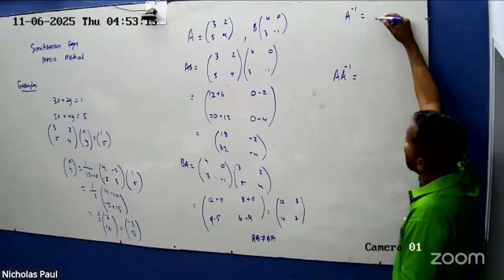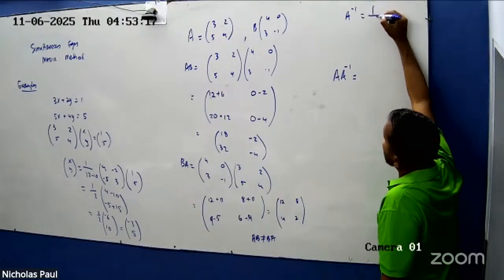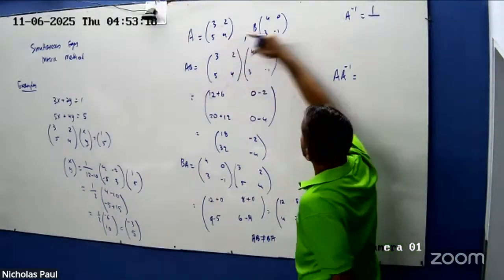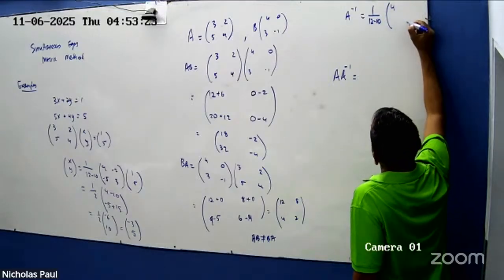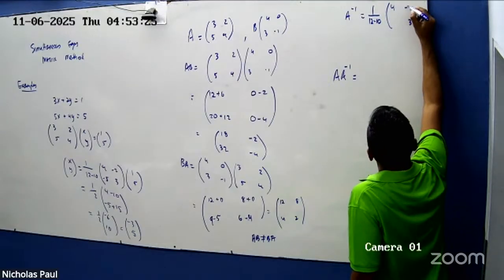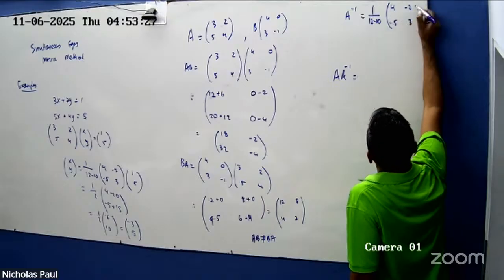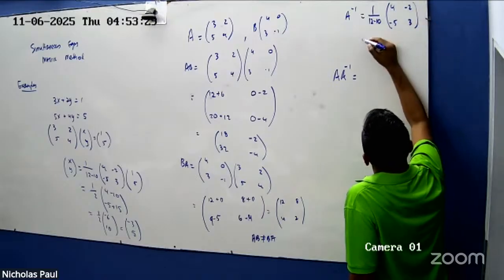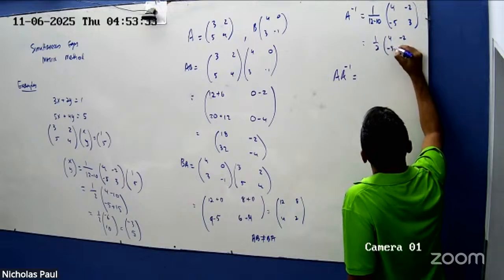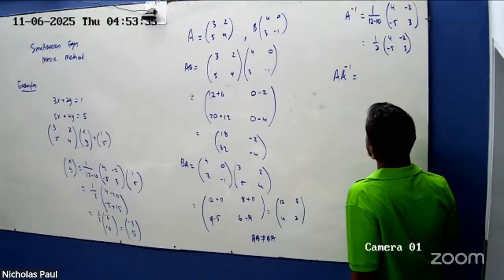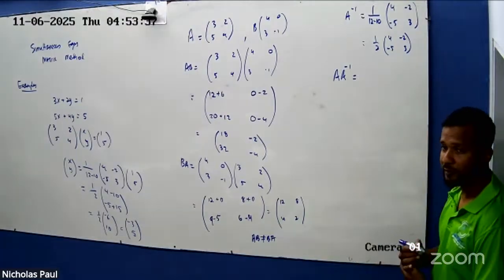And last part, A inverse. A is this here, so that's 1 over 12. And then I switch around the 4 and the 3, and make negative the 2 and the 5. So I'll end up with 1 on 2, 4, minus 2, minus 5, 3. All right?